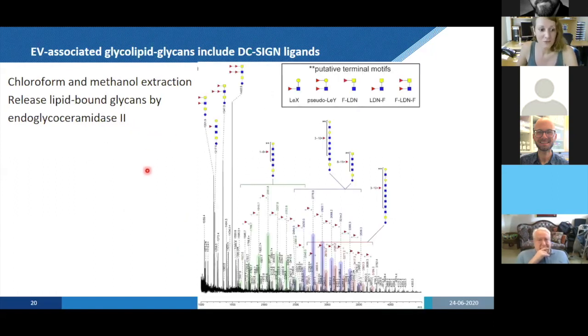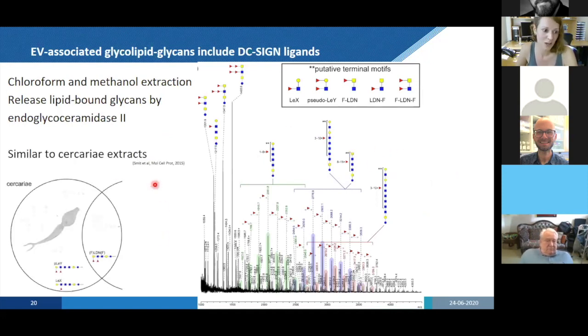However, we did really find a lot of lipid glycans in these EVs, containing similar glycans as we have observed for the cercarial extract, but much more highly glycosylated.